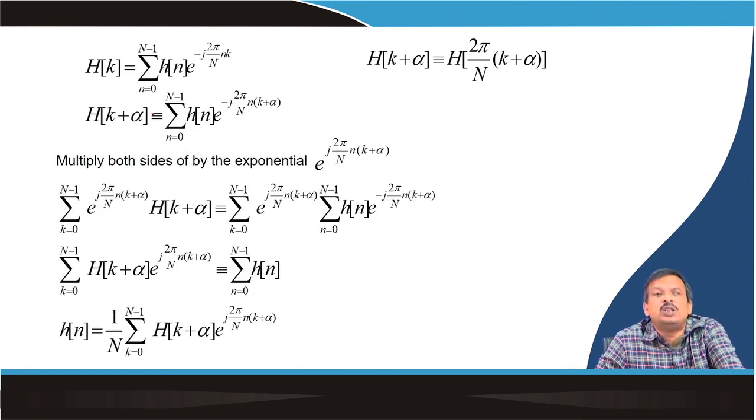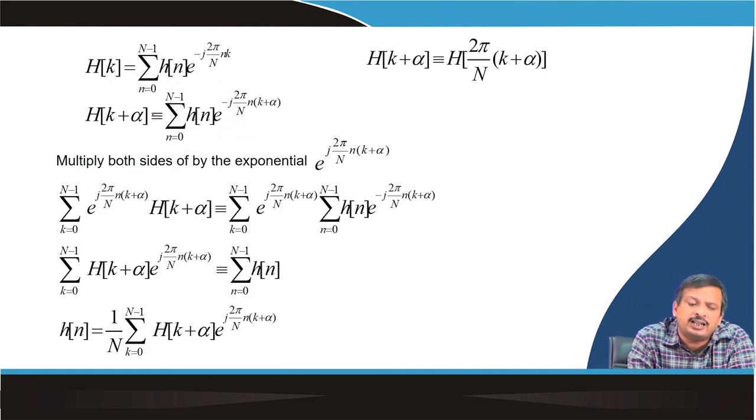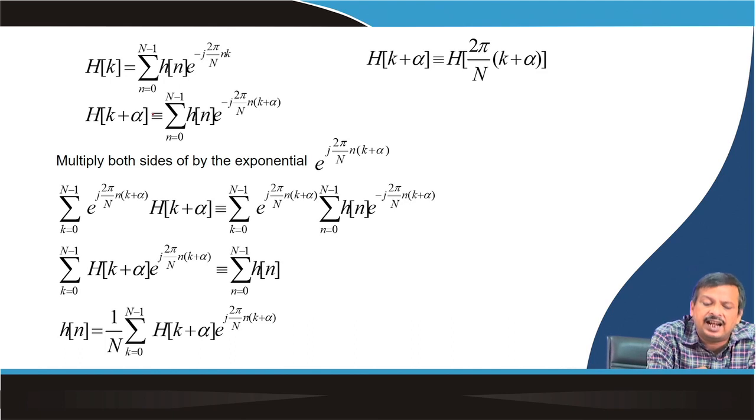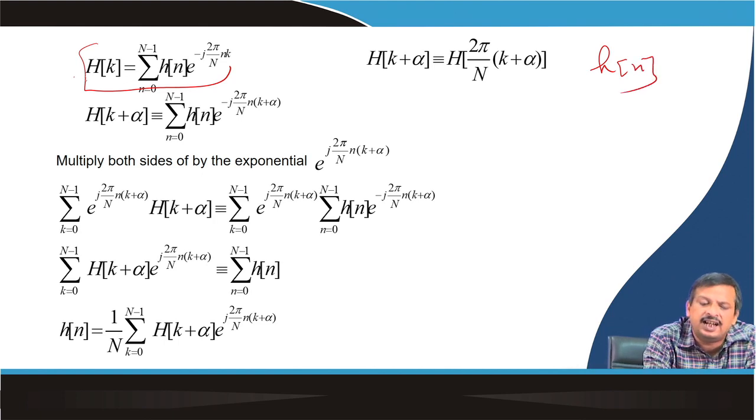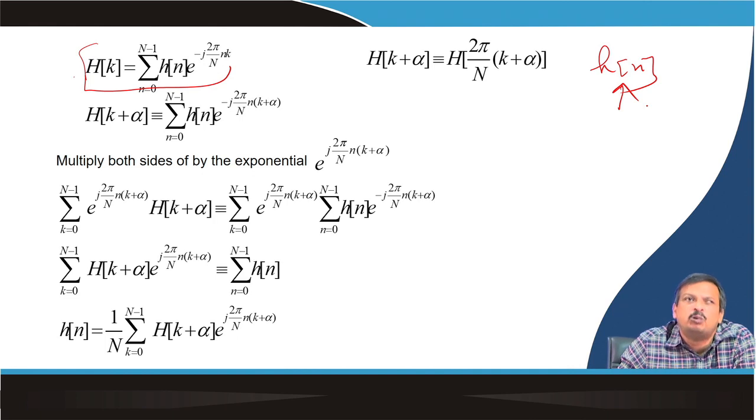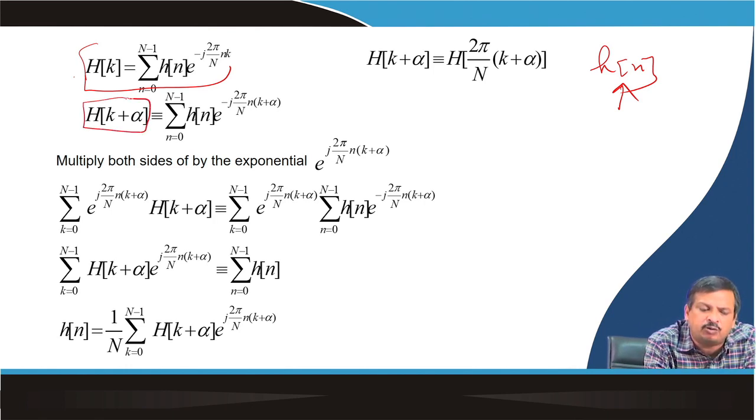Let us talk about how to implement it. Let us say the generalized form of Hk. What is Hk? If h of n is my impulse response, then Hk is nothing but the frequency transform, or Fourier transform, of h of n. If I generalize it, it is nothing but k plus alpha, which includes type 1 and type 2.